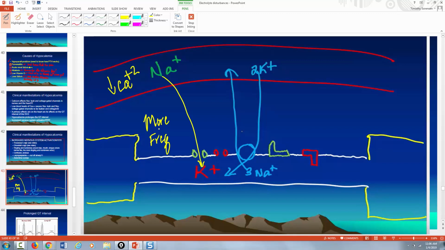And if it's a motor nerve that innervates skeletal muscle, that nerve will fire so frequently that the muscle won't be able to relax, and you will get tetany. So, low levels of calcium in the blood make the nervous system more active.